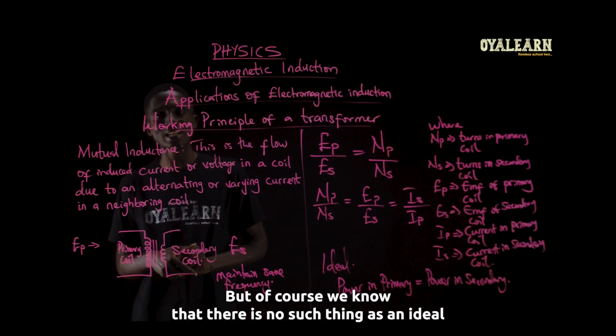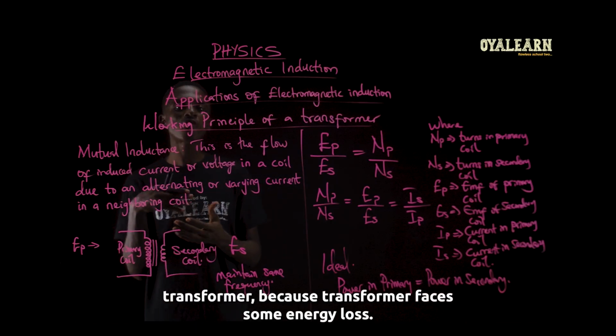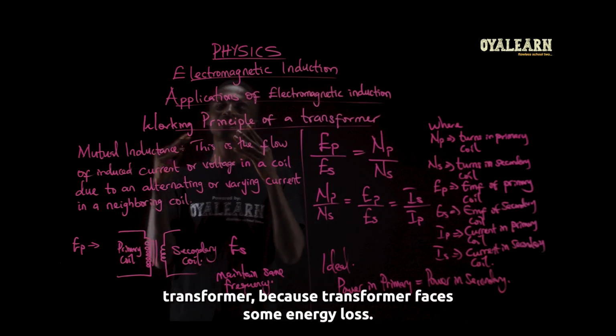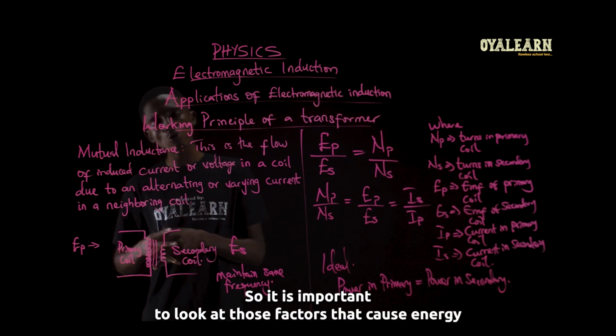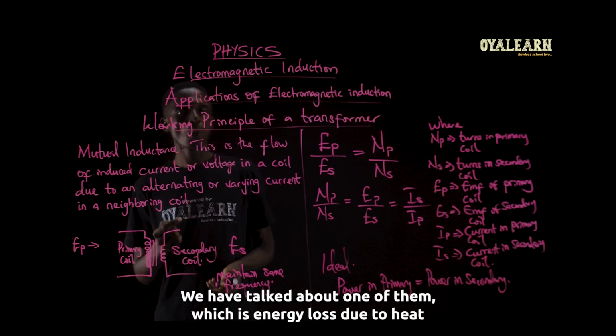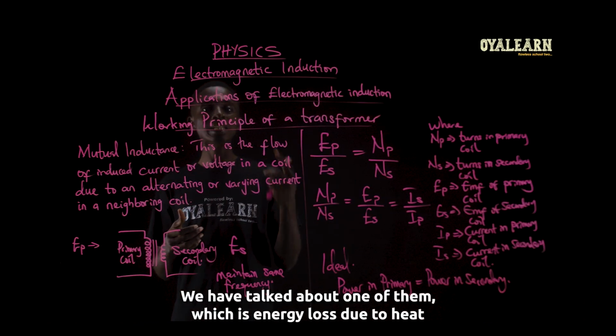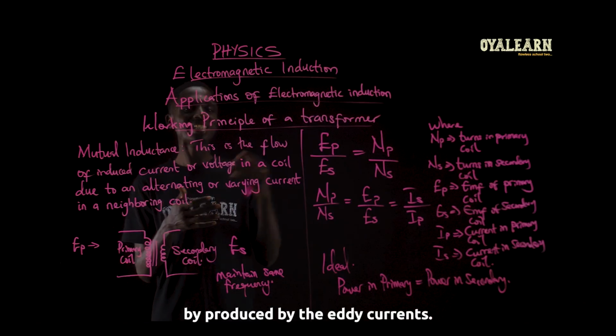But of course, we know that there is no such thing as an ideal transformer, because transformers face some energy loss. So it is important to look at those factors that cause energy loss in transformers. We have talked about one of them, which is energy loss due to heat produced by the eddy current.